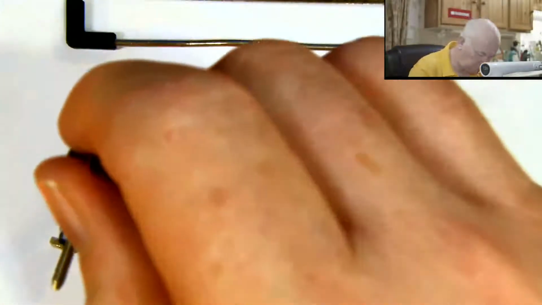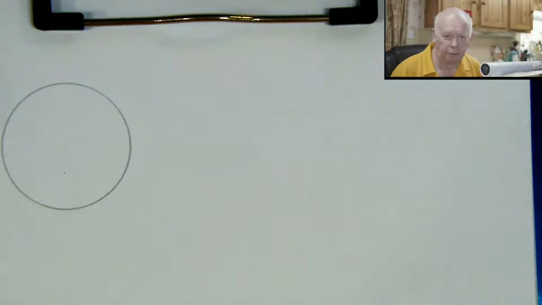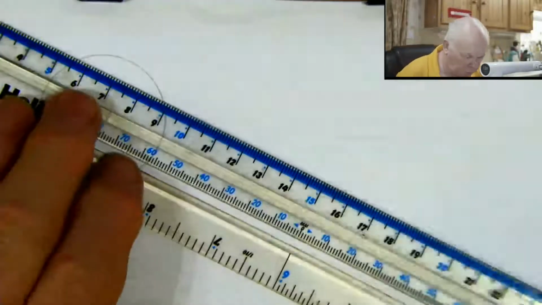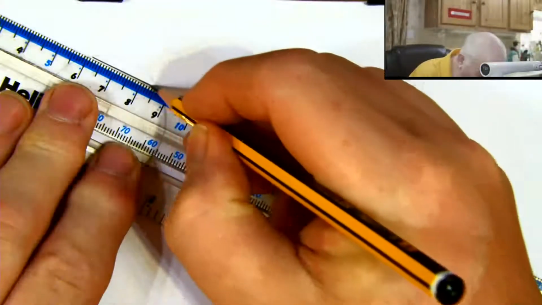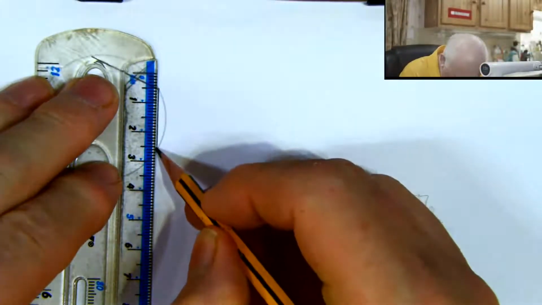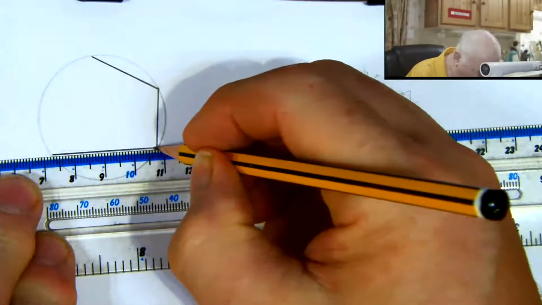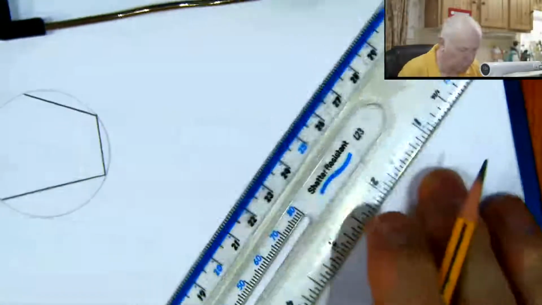Let's draw in yet another circle. One of my favorite of these is the Cyclic Quadrilateral. I'm just going to draw in a quadrilateral in this circle.